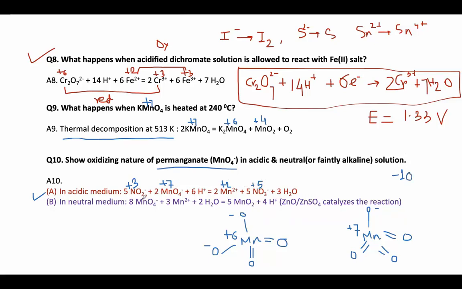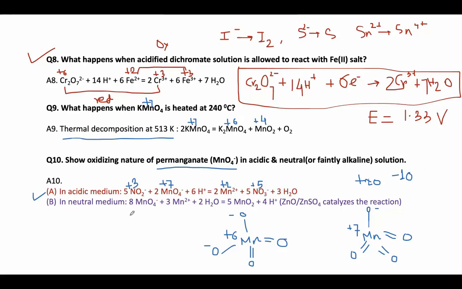From nitrite to nitrate, from +3 to +5, 2 units of oxidation take place on 5 moles of nitrogen, an increment in the oxidation state. So +10 and -10 cancel out to 0. From nitrite we get nitrate, and from Mn +7 we get Mn +2. This is the oxidizing property of permanganate.